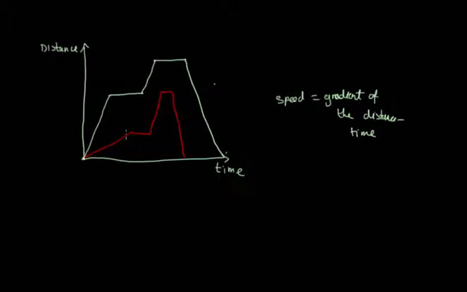That indicates the speed is slower than the speed of this object. Again, we've got a period of rest, and then some movement. The movement is quicker than it was at the beginning, and then we've got this quick movement back to the starting point.